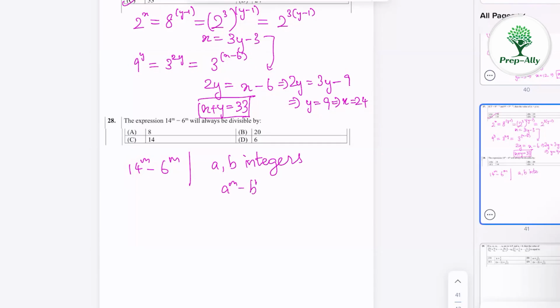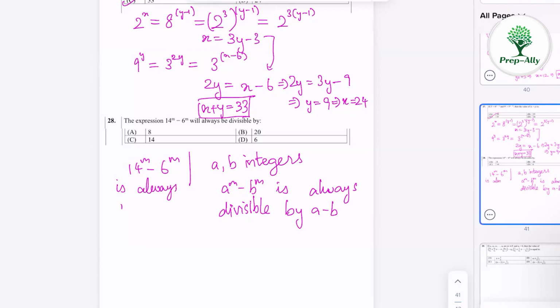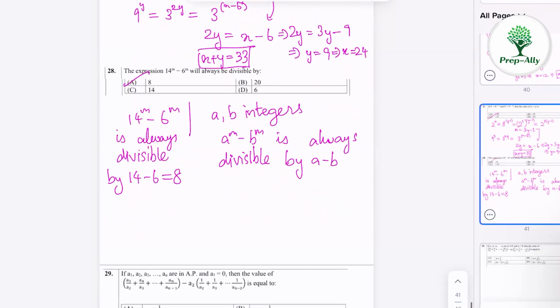A power m minus B power m is always divisible by A minus B. So 14 power m minus 6 power m is always divisible by 14 minus 6, that is 8. So the answer to this question is option A, 8.